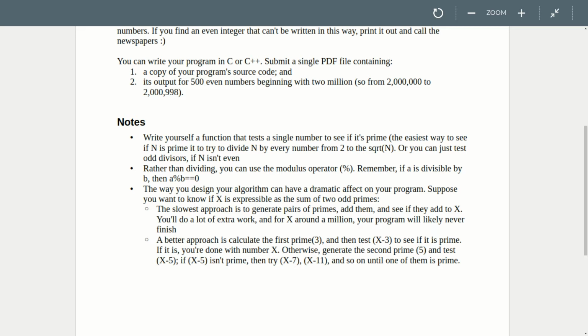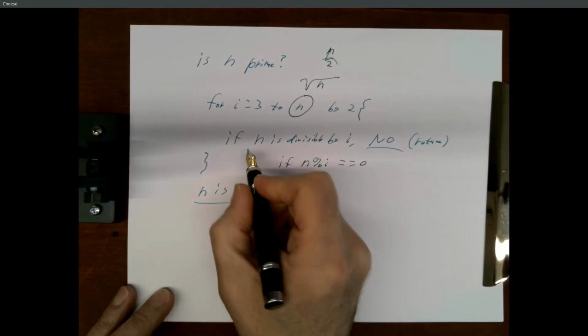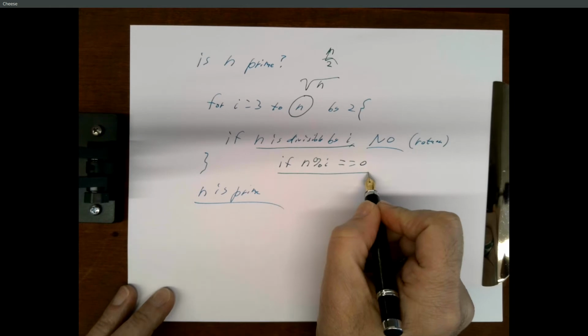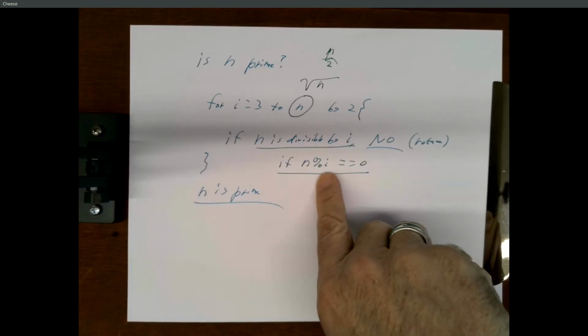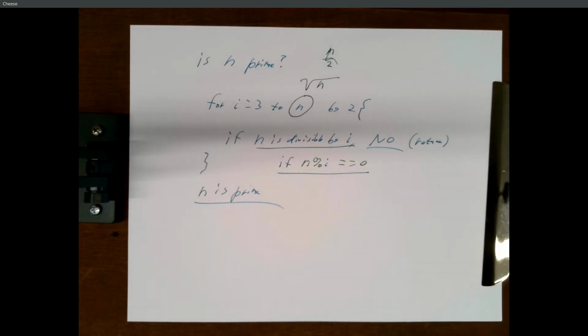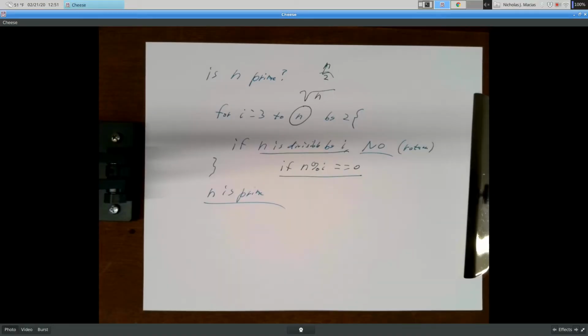This is just saying if n % i is equal to 0. So that's the same thing as this. That's the remainder when n is divided by i. That's the modular arithmetic we started talking about on Monday, or Wednesday.